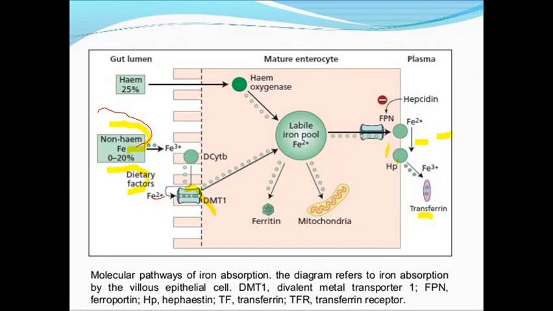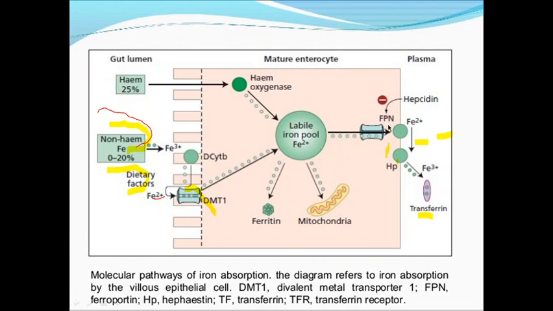The iron inside the enterocytes is either stored in the form of ferritin, or it is used for the synthesis of different heme containing proteins, as we mentioned, the electron transport chain cytochromes. Another amount of iron will be absorbed from the enterocytes into the plasma through a transporter protein termed ferroportin.